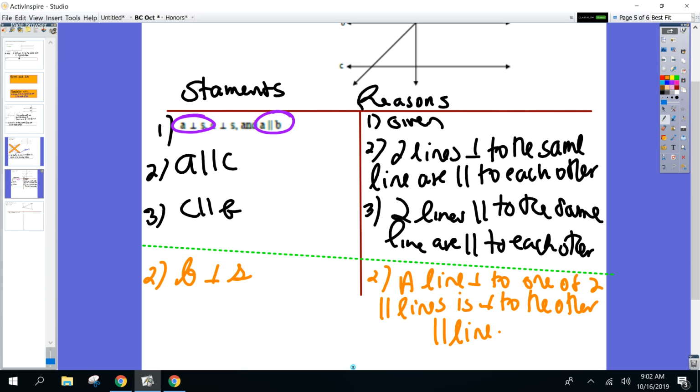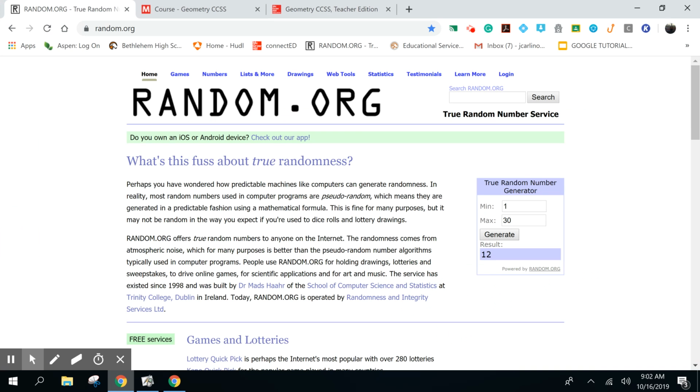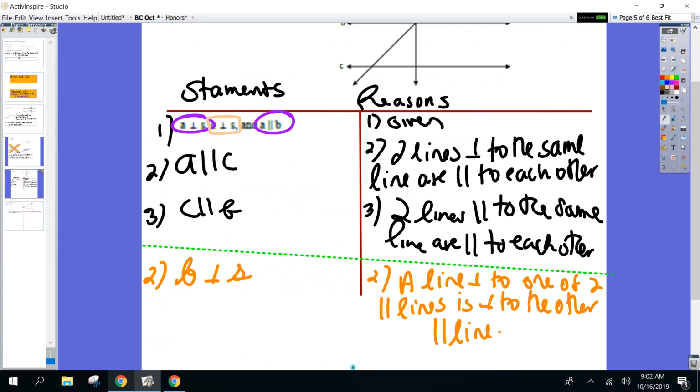I didn't need to prove B perpendicular to S. How'd you get to C parallel to B, then? Because we still haven't used C perpendicular to S. So if C is perpendicular to S and B is also perpendicular to S, based on one of the theorems, what's my conclusion? Great job.